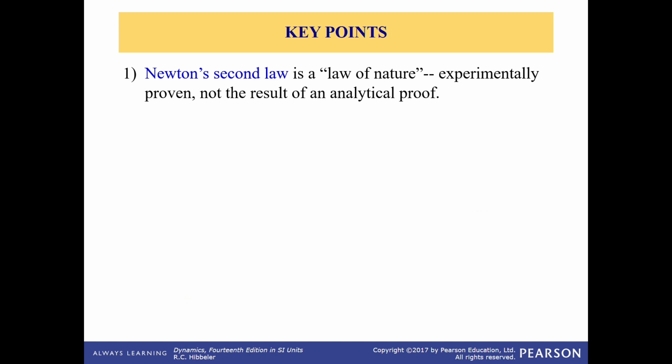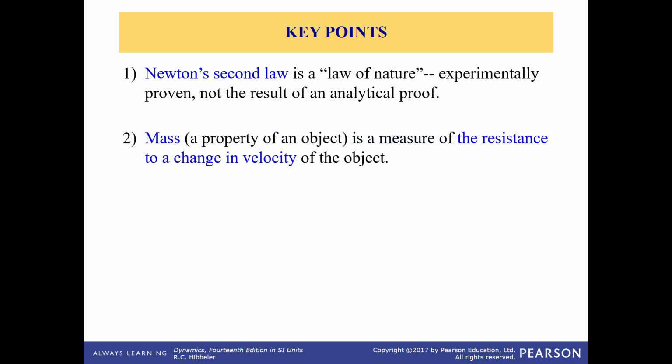So the key points to solve problems in this topic: first, Newton's second law is a law of nature, experimentally proven, not the result of an analytical proof. Second, mass, a property of an object, is a measure of the resistance to a change in velocity of the object.